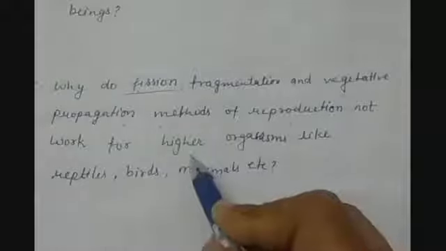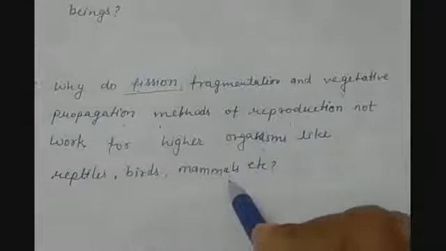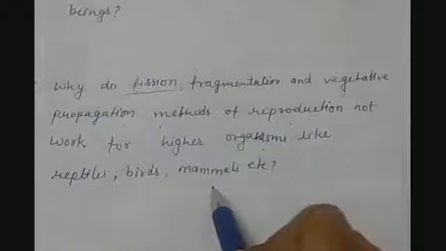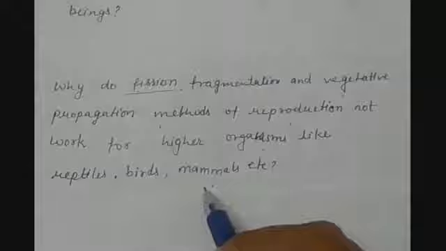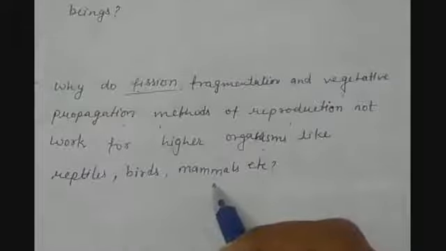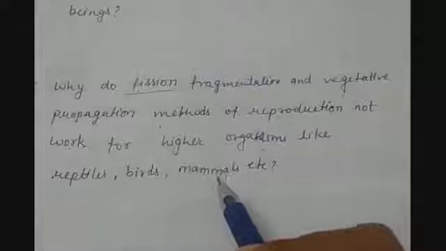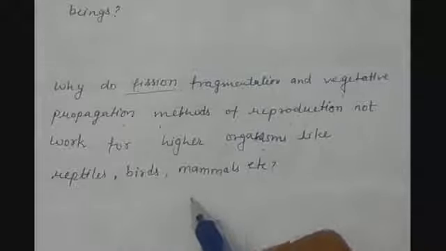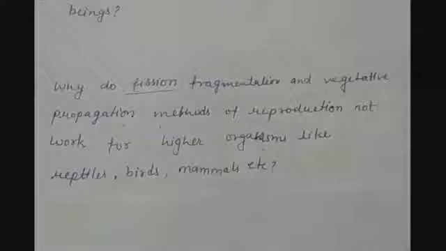Now, if you think of higher organisms like reptiles, birds and mammals, we know all these are advanced multicellular organisms. So, what is the property of advanced multicellular organisms? They have an organized structure of the body. Here the cells are divided into groups.